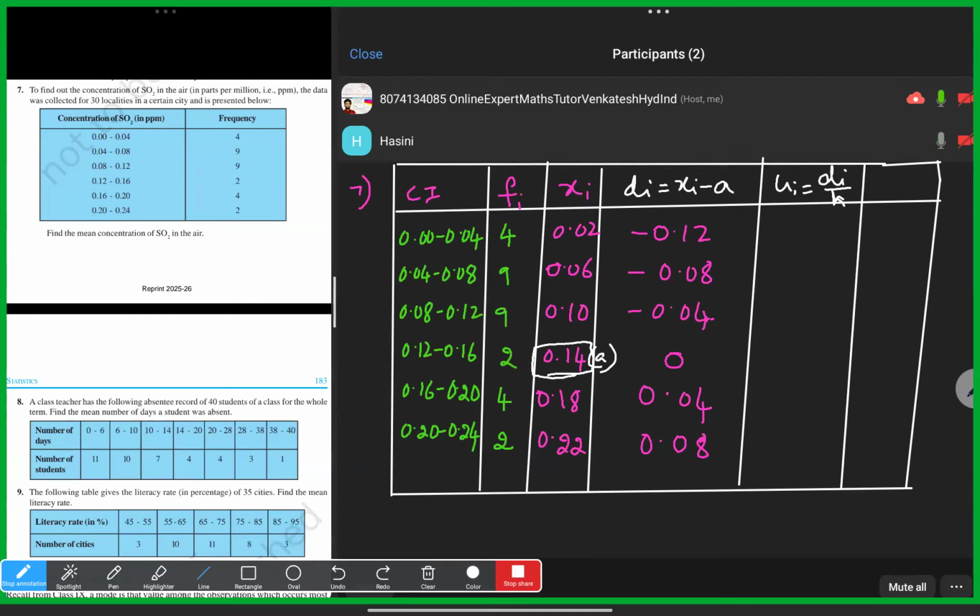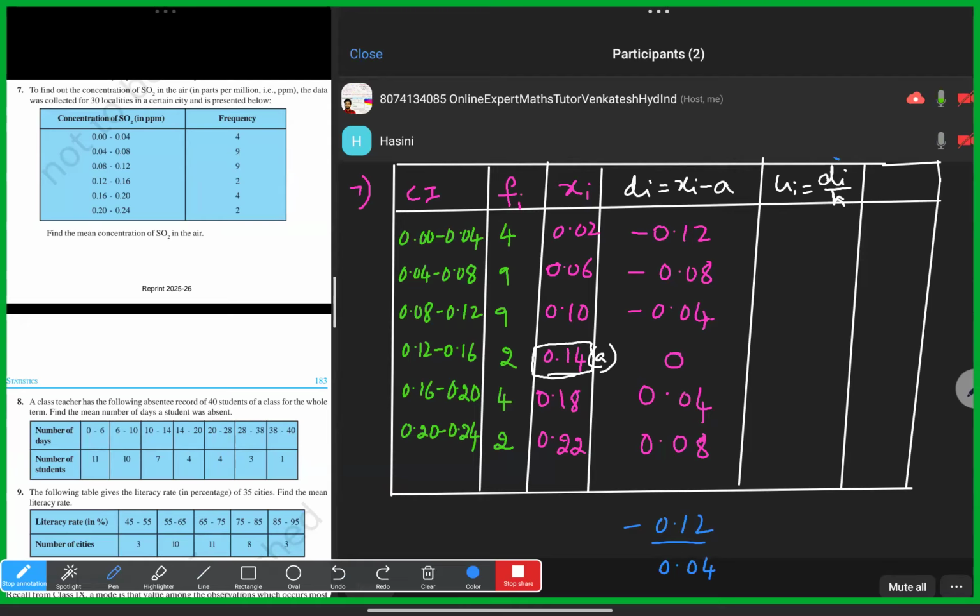Now I am dividing the di value by h. H is 0.04. So first, minus 0.12 by 0.04.